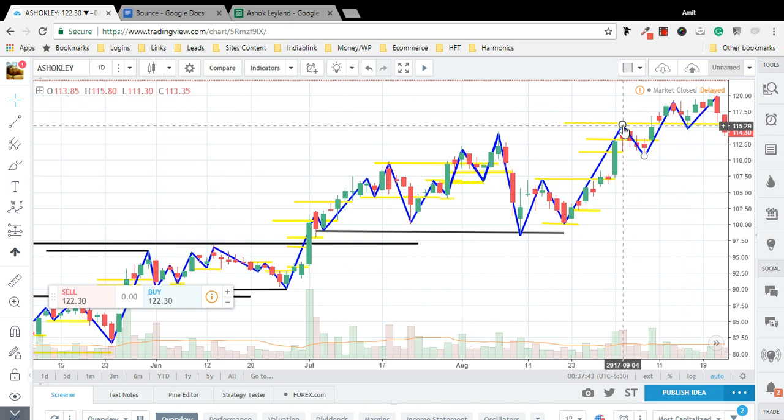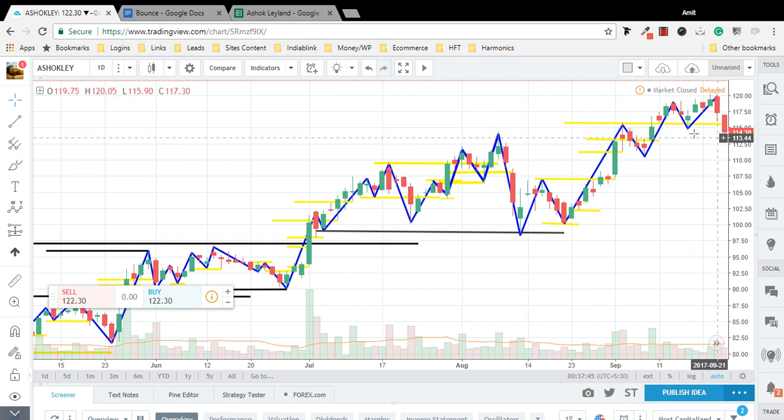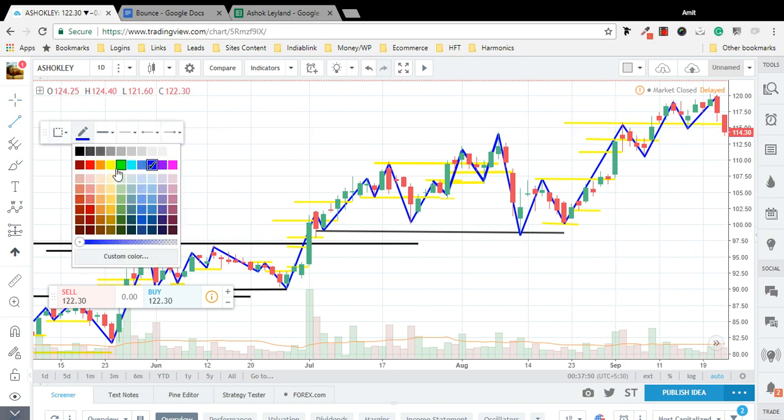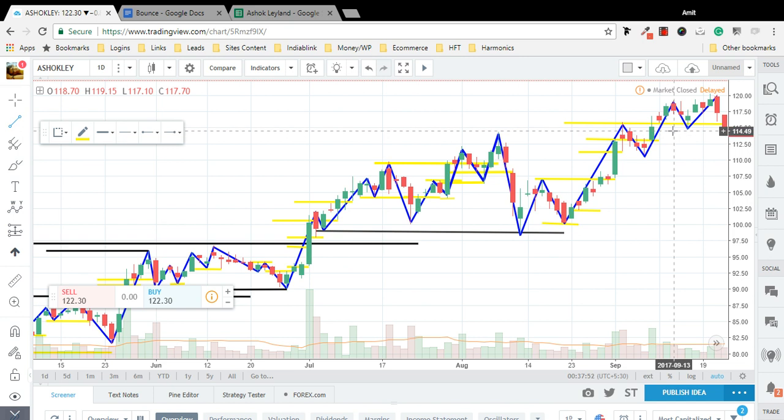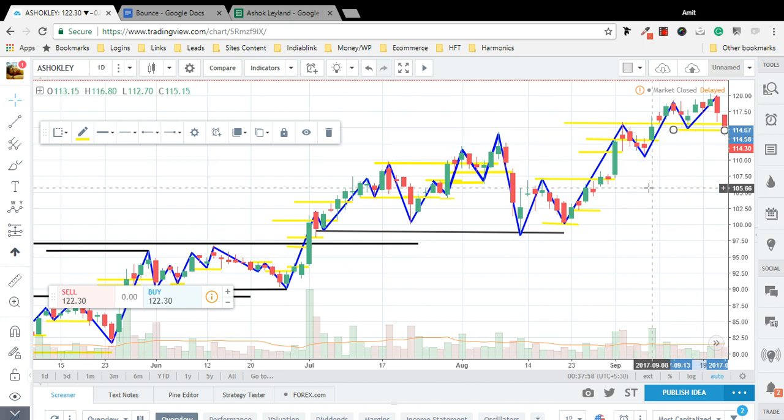So this is a case where you can see the closing basis stop loss at the higher high is changing to a normal stop loss because another swing low is getting formed, and it is always favorable to put the stop loss at the end of a swing low rather than a swing high in an uptrend.